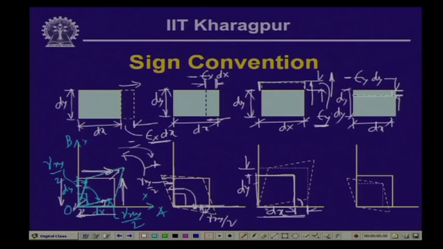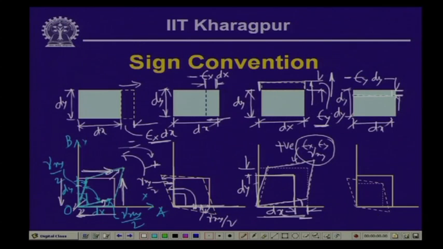So, the final position after undergoing epsilon x, epsilon y and gamma xy is the position that it is going to take. So, this particular configuration corresponds to epsilon x, epsilon y, gamma xy, where all are positive.